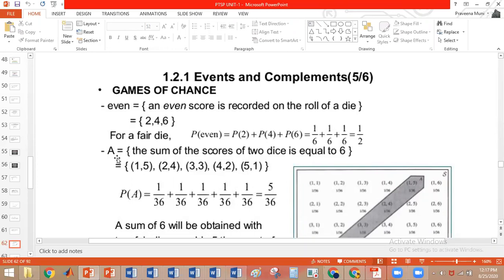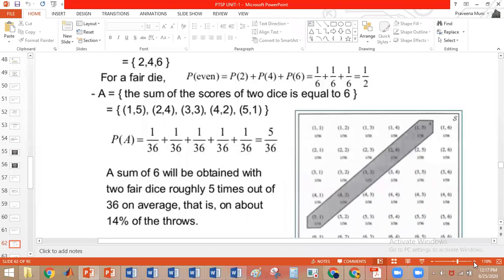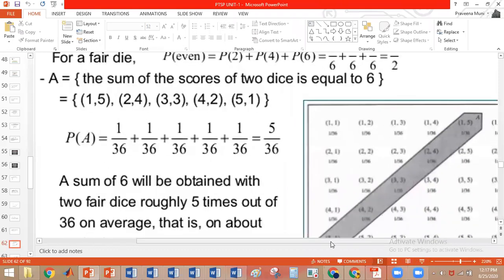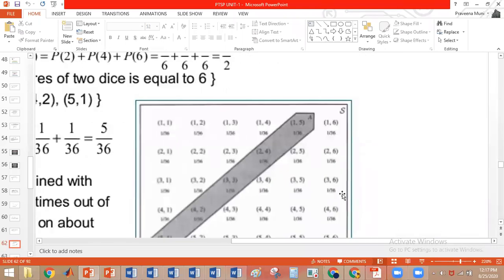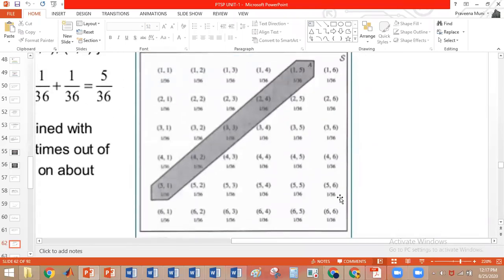That is the event A. So what is the first step? First we have to write the possible outcomes, and check what are the possibilities that we get the value equal to 6.